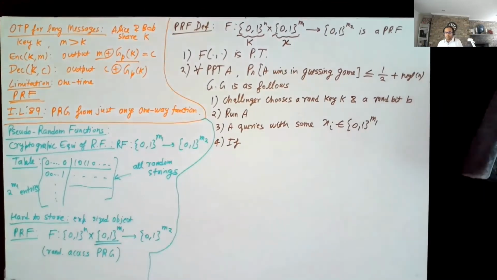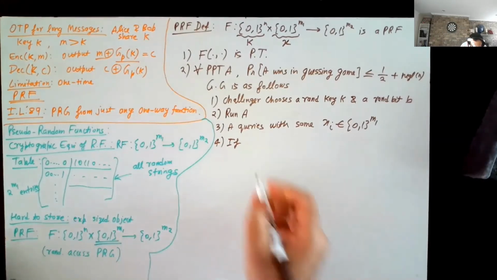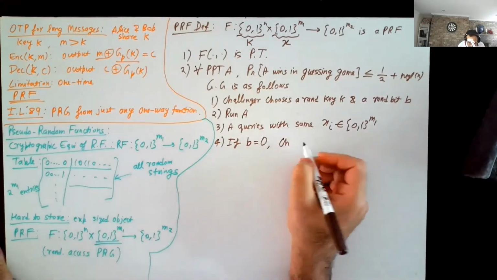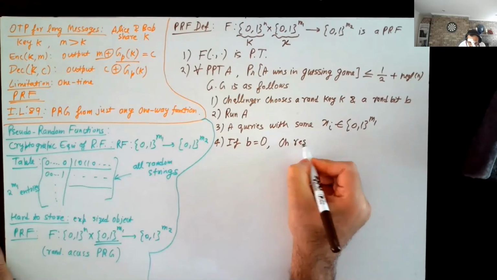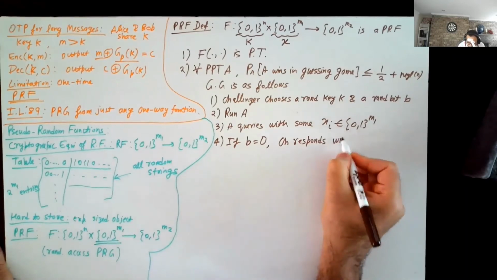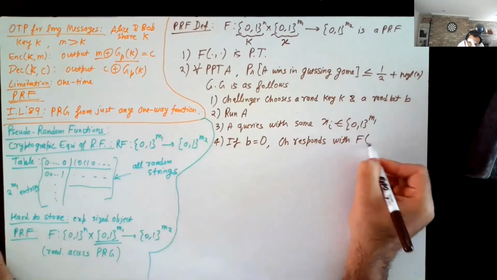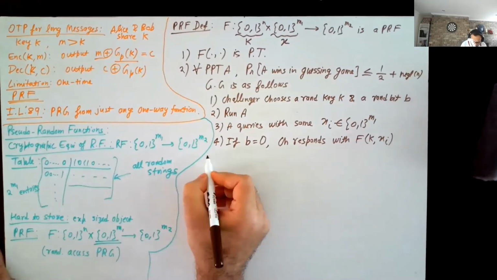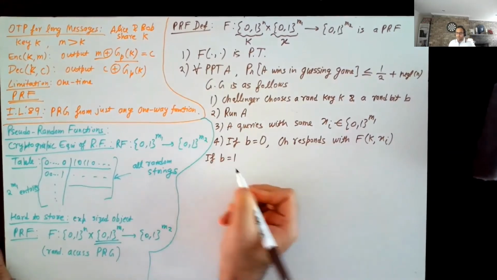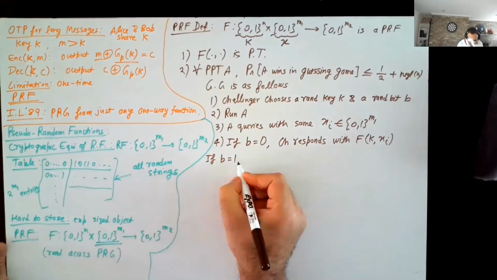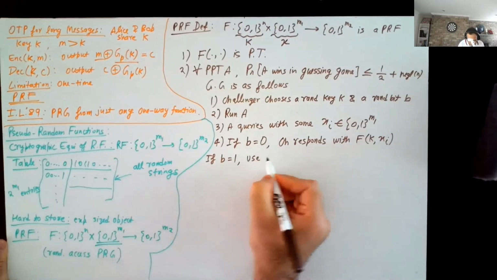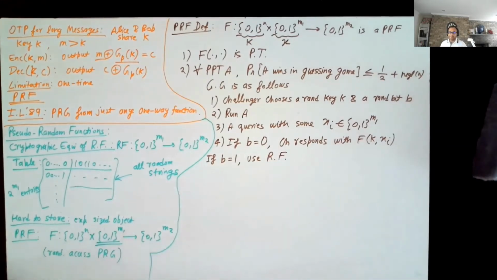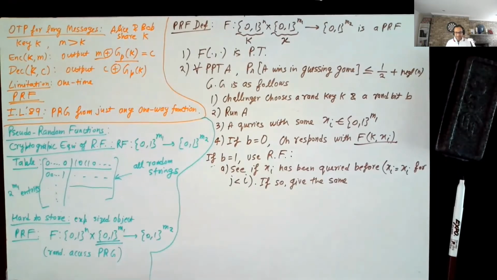Now, depending upon what B is, if B equals 0, the challenger responds with the PRF output, f of k comma xi. If B equals 1, the challenger uses a random function.